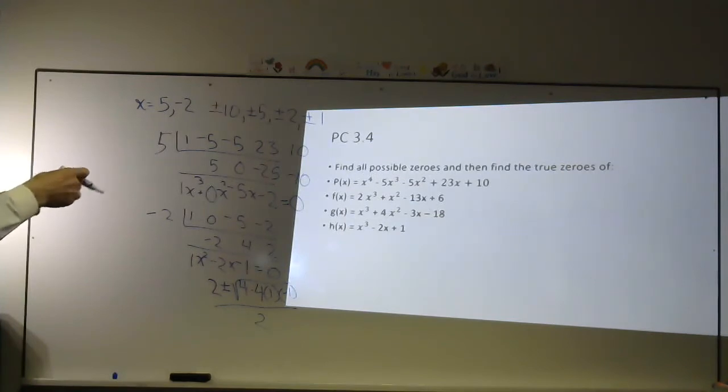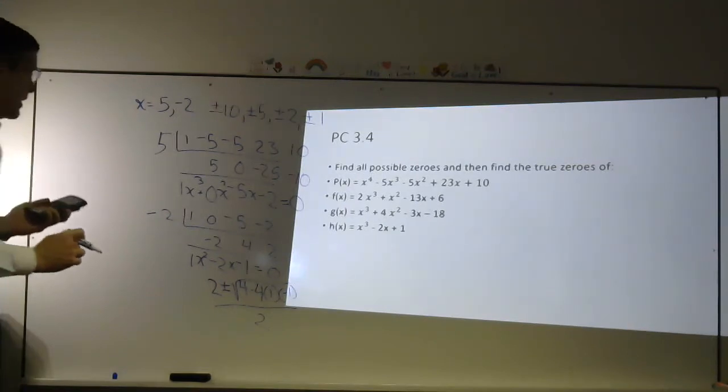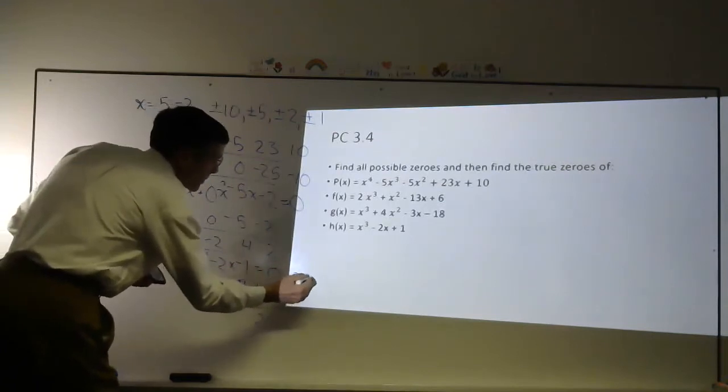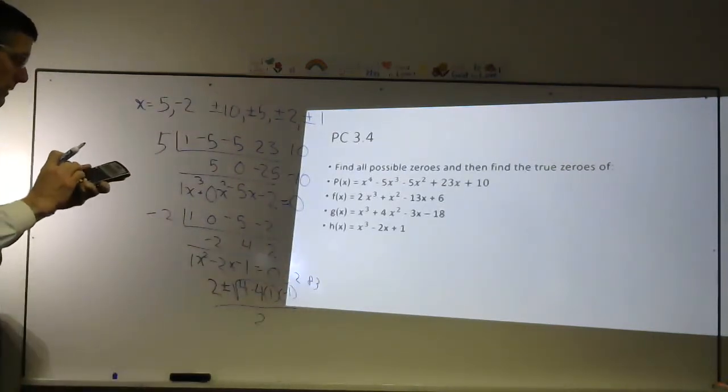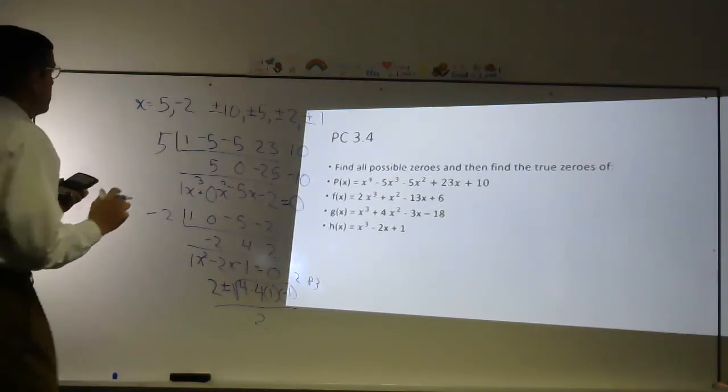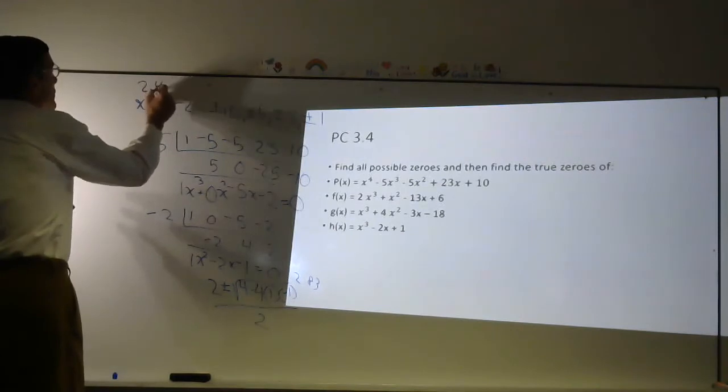So let's check that out. The square root of 8 is 2.83. So I have 2 plus that would be 4.83 divided by 2. I get 2.42.